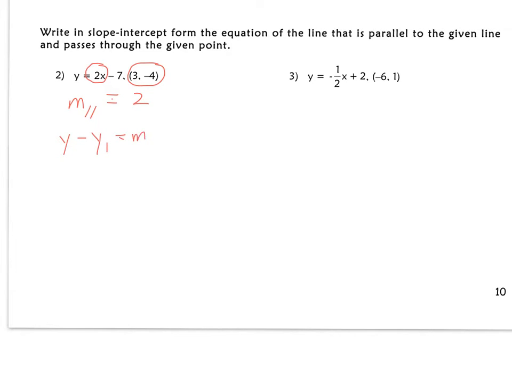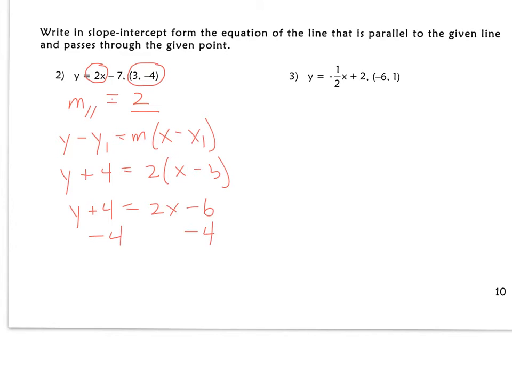So y minus y1 equals m times x minus x1. So if I use my slope of 2 and my point of (3, -4), I would have y plus 4 equal to 2 parentheses x minus 3. And let's go ahead and put that in slope-intercept form so that we could see the difference in the y-intercepts. So y plus 4 equals, after distributing, 2x minus 6.